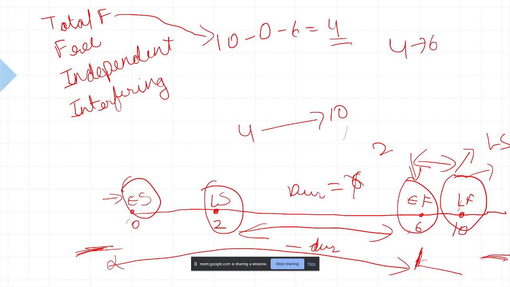No, actually not. First I'll discuss the numerical part, and then I'll discuss the practical question, the first one that was asked. Numerically, when you are calculating the early finish, you calculate it while going forward, right?